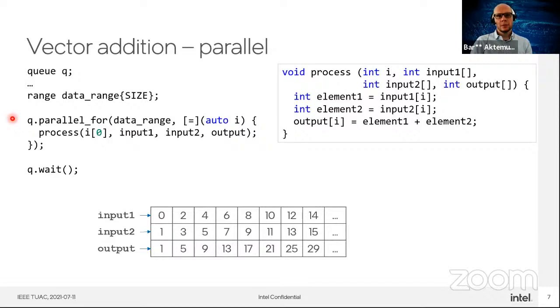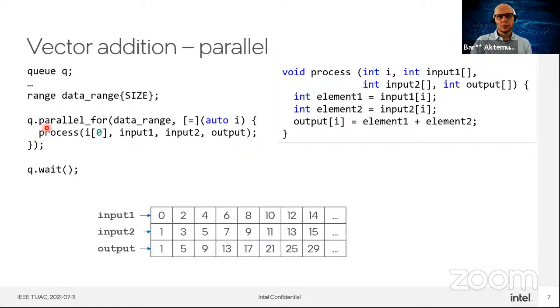And then we submit a command to our queue. In this case, the command that will be run is a parallel for. So we don't have an explicit for loop anymore. Instead, we just specify how we would be processing one data element.